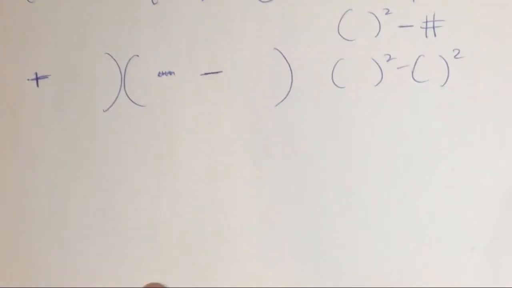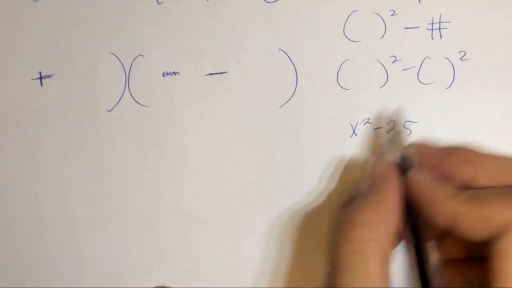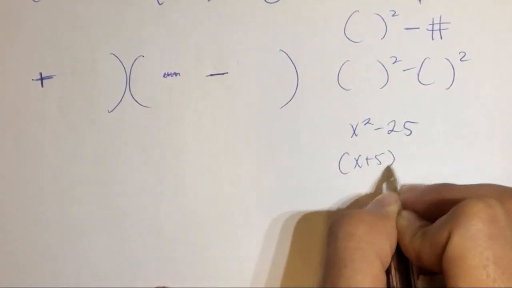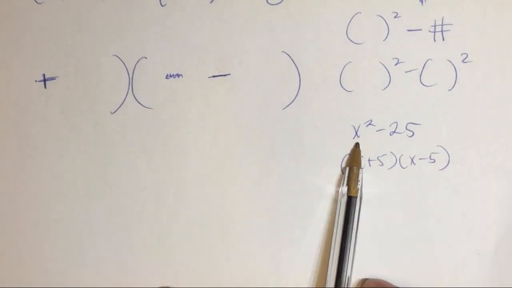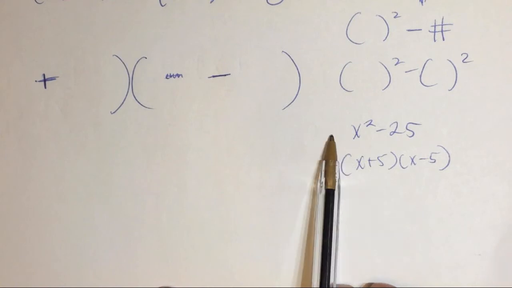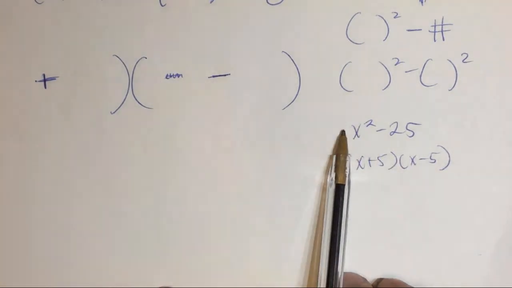Now, remember, the example I always tell my kids is think of x² - 25. The answer to that would be (x + 5)(x - 5). What I did is I said, what times what gives me x²? And it was x. x times x gives me x².